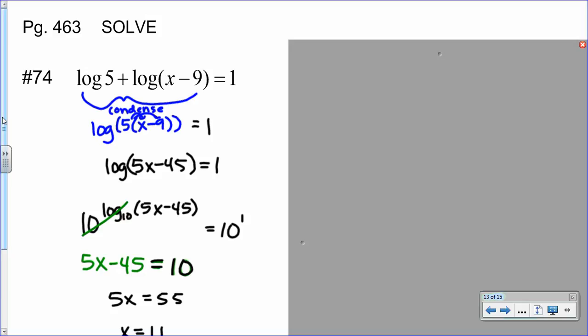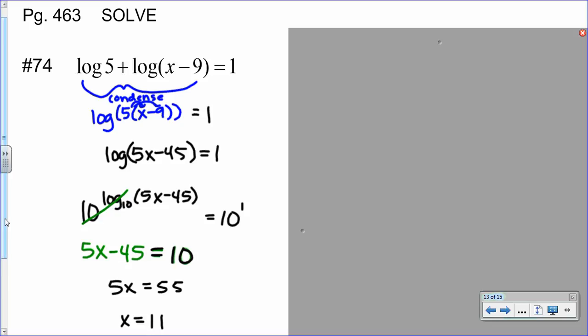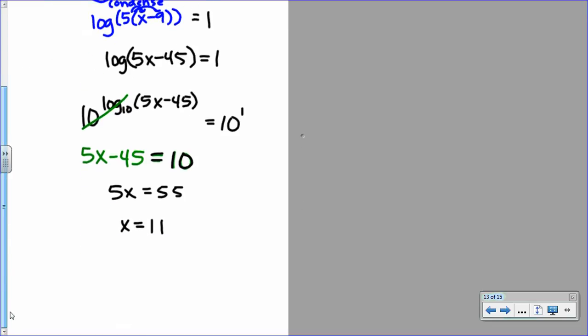Is that greater than 0? Yeah, we're good. Okay. So you don't have to necessarily, you can type it all in with the logs in your calculator because you have log base 10 and check and make sure you get 1. But you could just take it, plug it in for where the x is, and make sure you're taking the log of a positive. All right, so that one is good. Check.